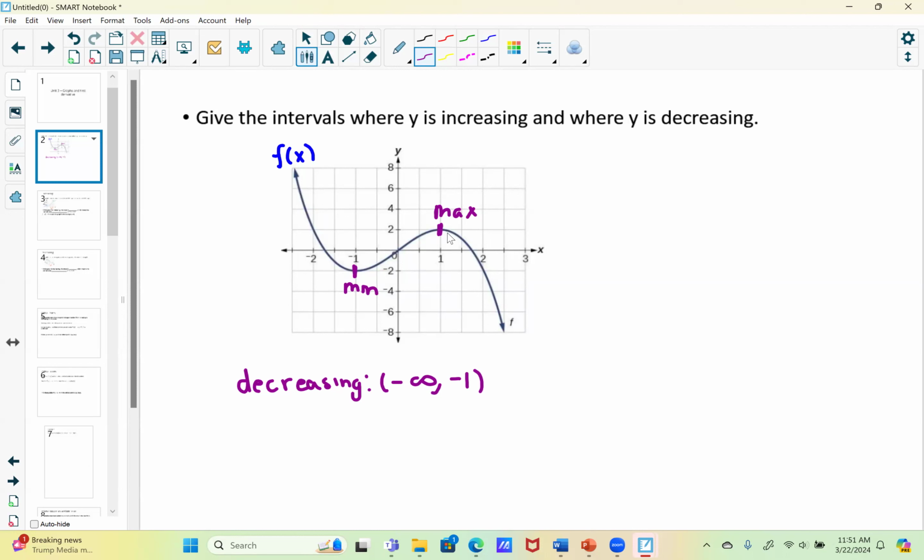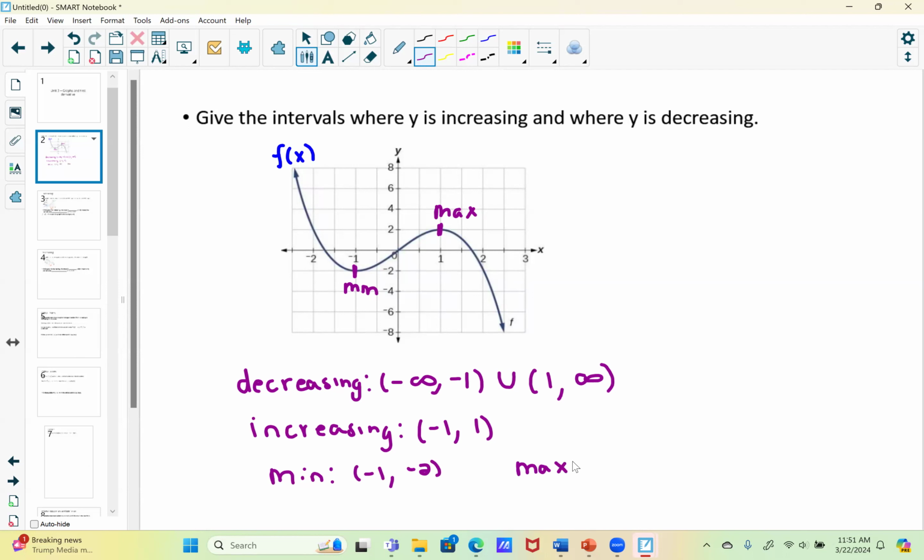And then my function also starts decreasing when x is 1. So I'm going to put a union with 1, and then it keeps going in the positive x direction, so we call that positive infinity. We would say my graph is increasing starting when x is -1 until x is +1. And then we could say that there's a min at the point (-1, -2), and a max at the point (1, 2).